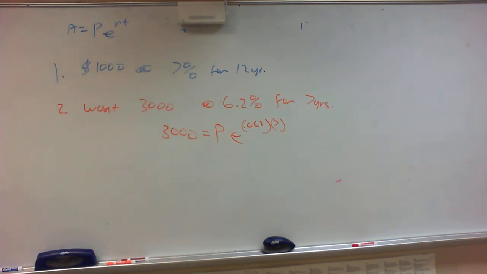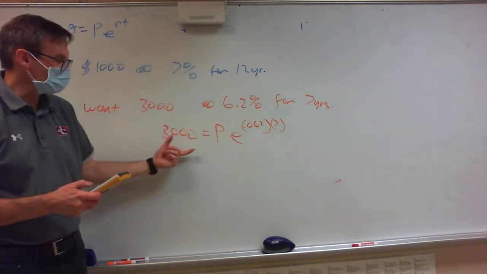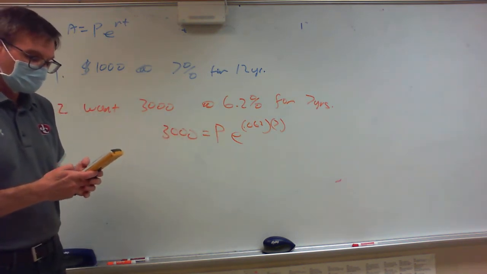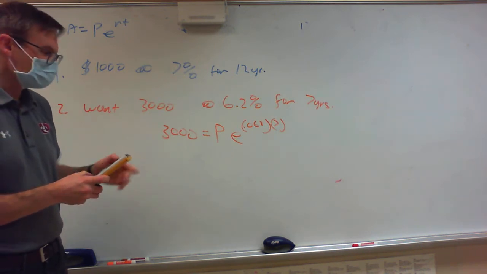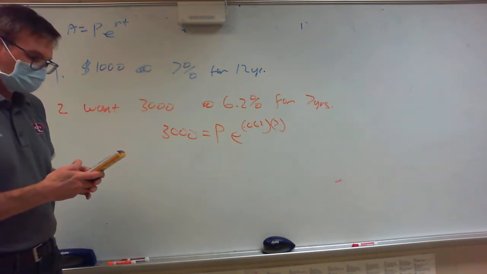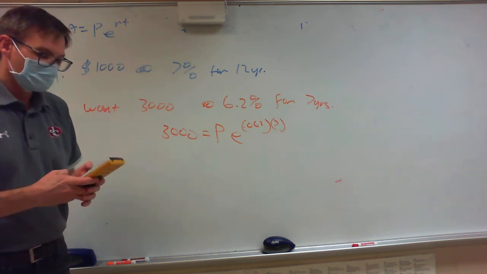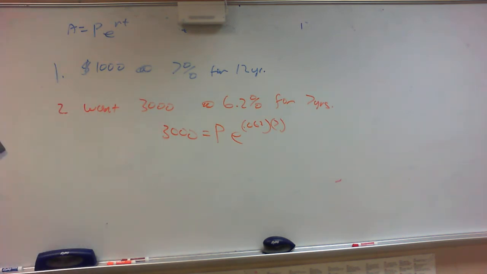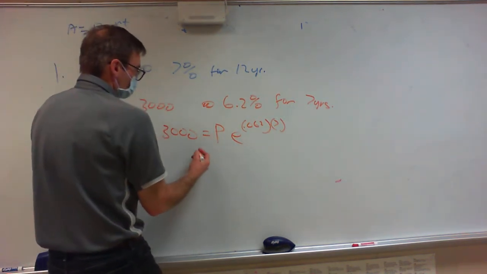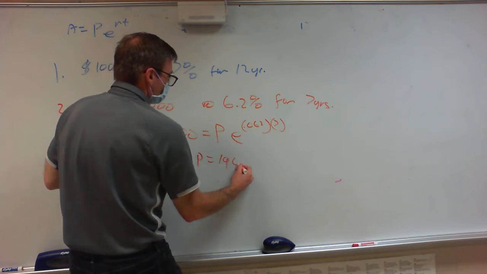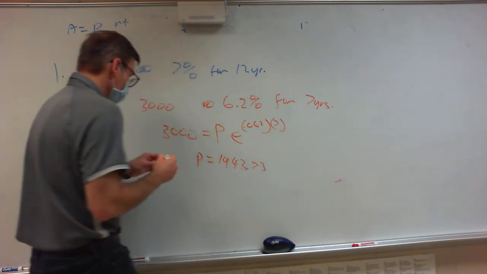Literally type in 3,000 divided by, and then do the e to the 0.062 times 7. Everybody get 1943.73? Okay. And so we end up with P equal to $1,943.73.